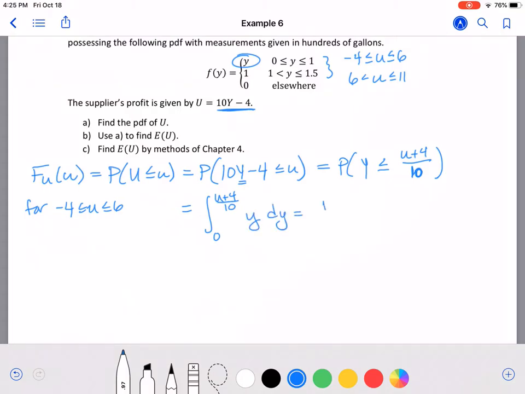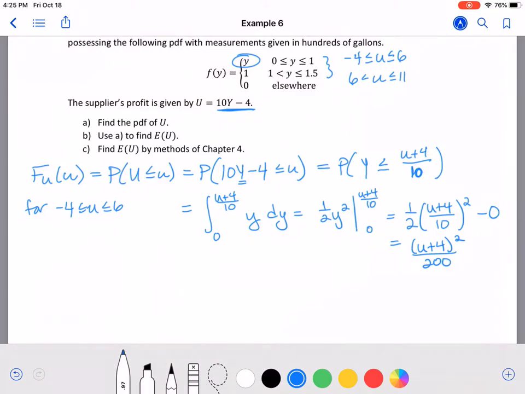So we get 1/2 y squared, and we're plugging in u plus 4 over 10 and 0 for y. So we get 1/2 of u plus 4 over 10 squared, and then minus 0, and this will be equal to u plus 4 squared divided by 200.